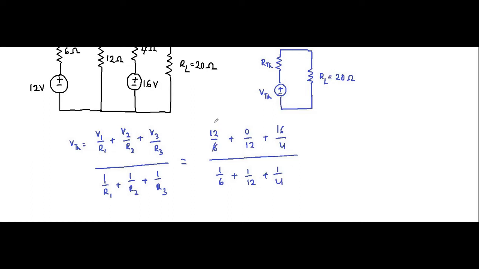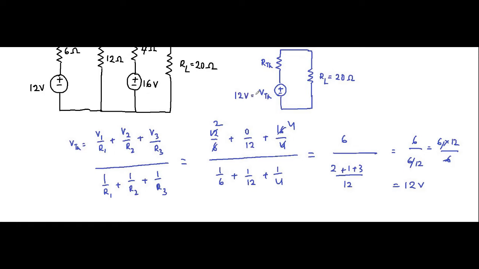So this is 2, this is 4, 2 plus 4 is 6, divided by 12, 2 plus 1 plus 3, which is 6. 6 divided by 6 by 12 is 6 into 12, which is equal to 12 volt. VTH is equal to 12 volt.